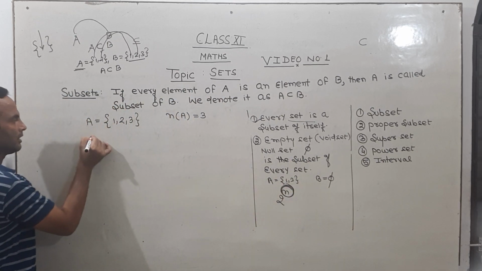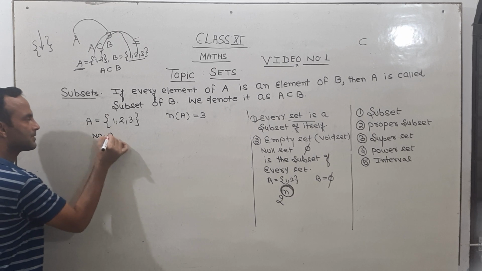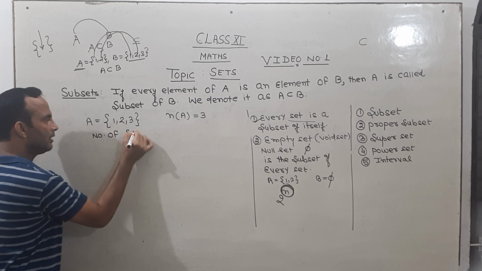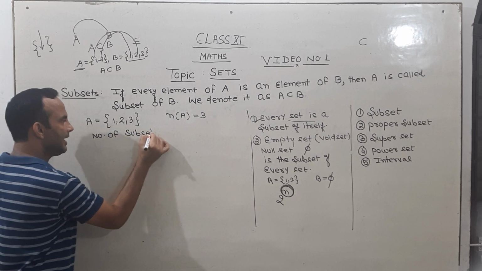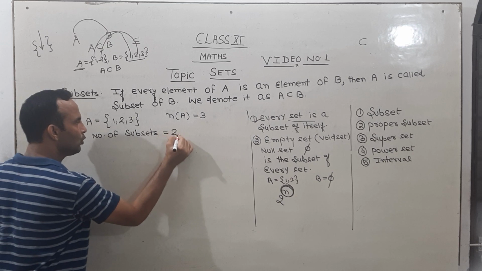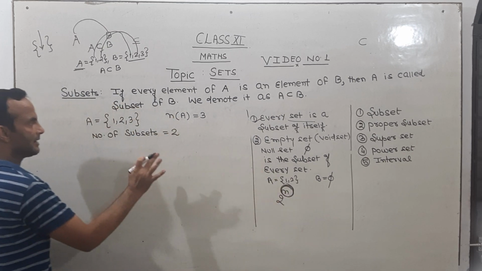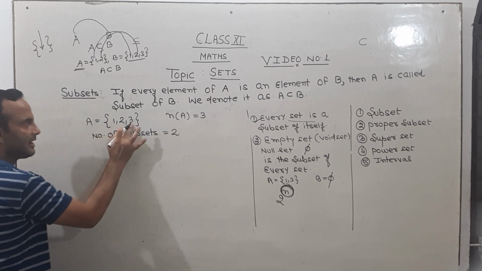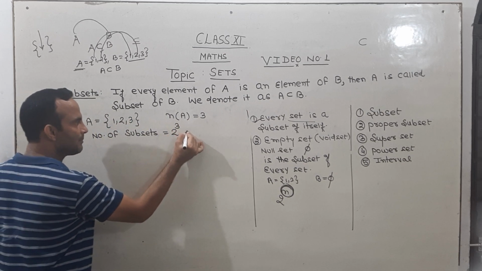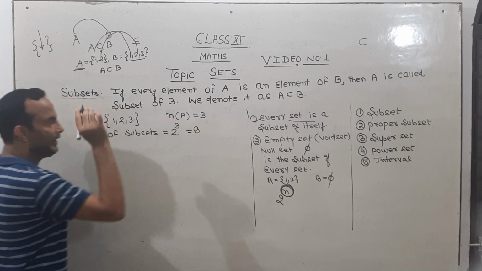So here number of subsets is equal to 2 raised to the power n. N is the number of elements present in the set. Here you can see 3 elements are present. That's why 2 raised to the power 3 which is equal to 8.